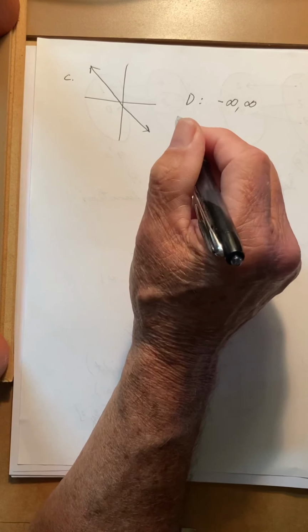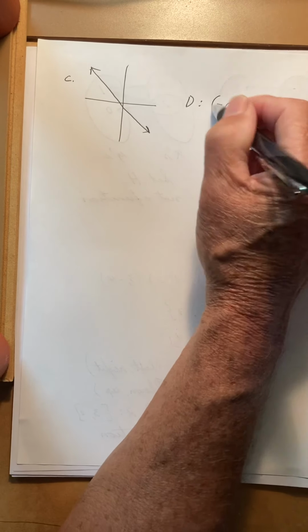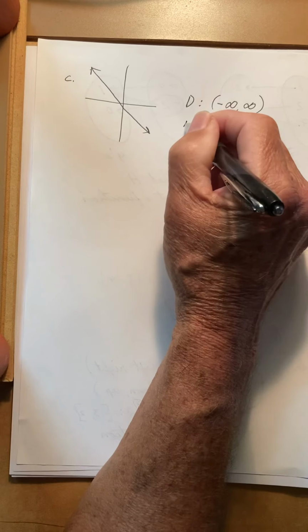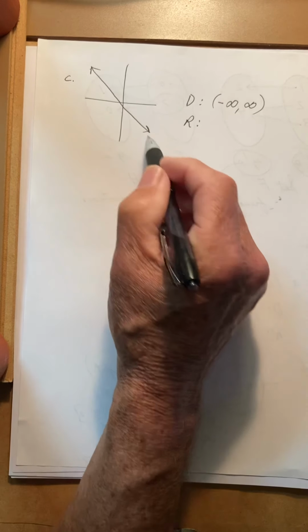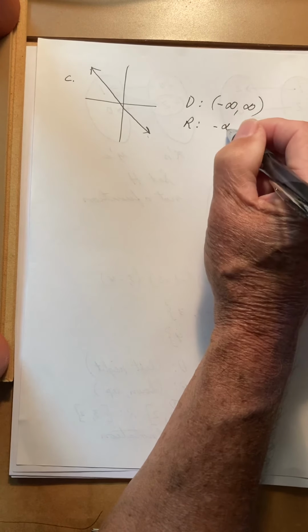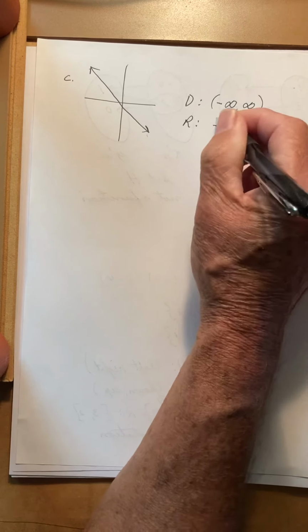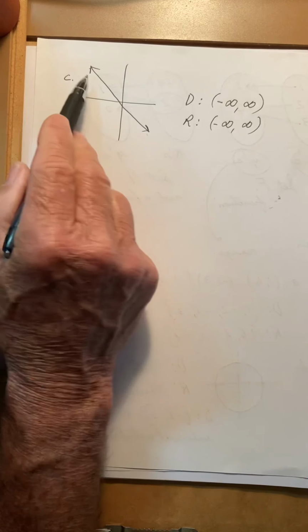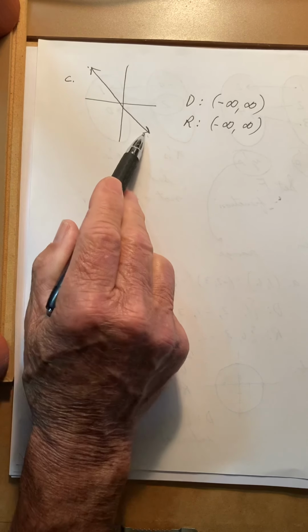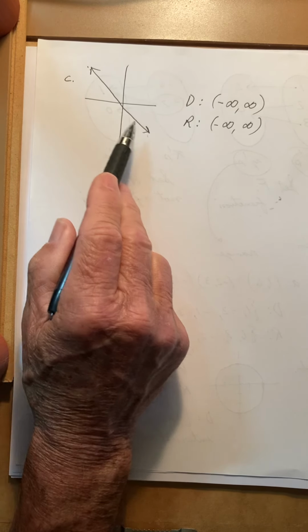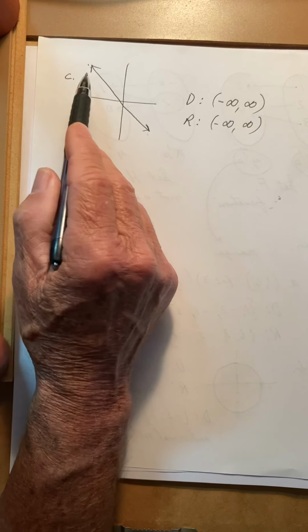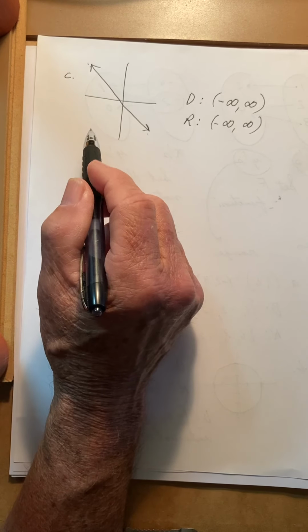You cannot include infinity on a graph, so we use parentheses. For the range, the farthest down that it goes is -infinity, and the farthest up that it goes is positive infinity. So the range and the domain are the same on a straight line graph that has either a positive or negative slope.